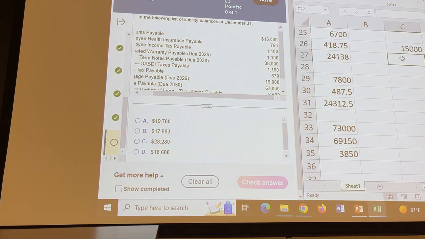Most of these are current liabilities, but not all of them. And then employee health insurance payable, 750. Employee income tax payable, 1,100. Estimated warranty payable, 1,100.